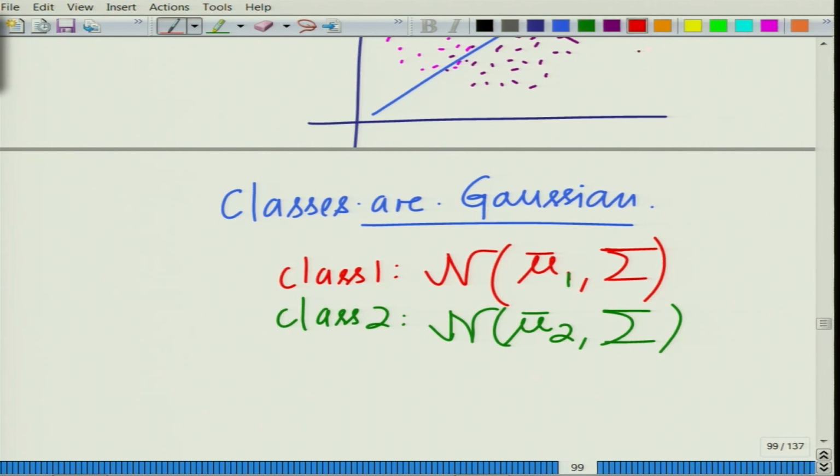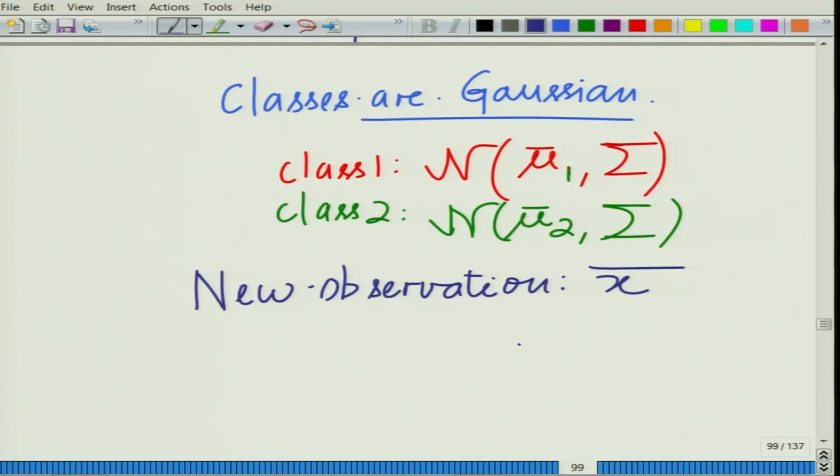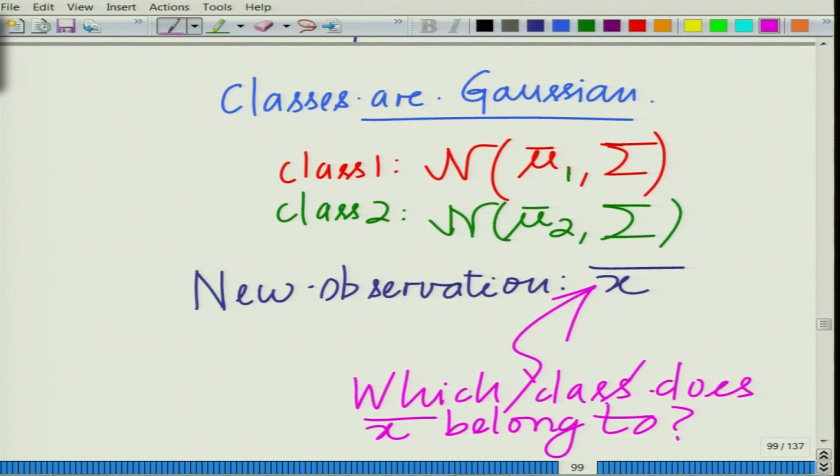Now, the question is, if there is a new observation x bar, which class does x bar belong to?